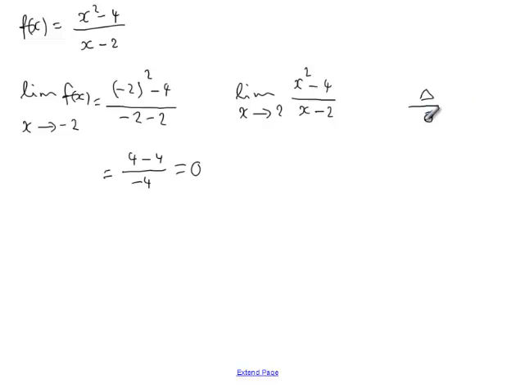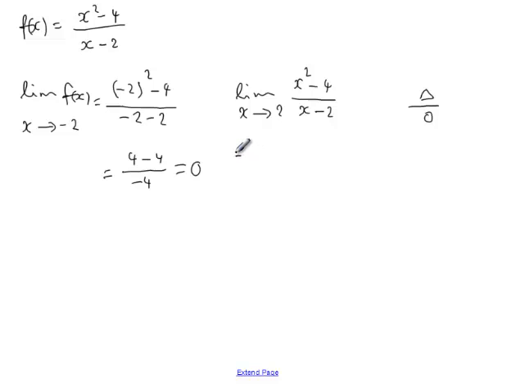But the first commandment says, thou shalt not divide by 0. So this is not going to be acceptable as the limit. So the question is, how do you normally organize a bypass of this kind of undefined situation? It is via factorization. That's one of the strategies.